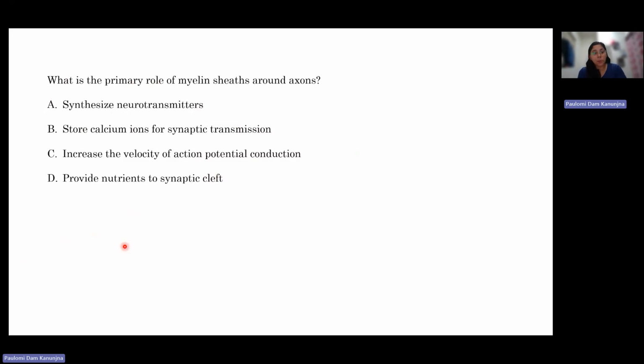Let me read out the options. The first says they are important because they synthesize neurotransmitter. They store calcium ions for synaptic transmission. They increase the velocity of action potential conduction. Or they provide nutrients to the synaptic cleft.